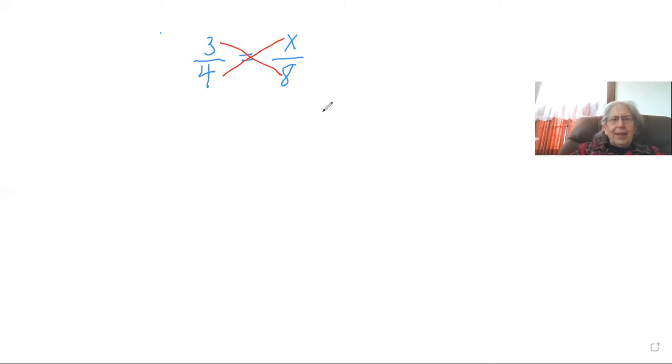Of course, it's not necessary to draw the x that I'm drawing. That's for me to make it clear what I'm doing. That's not part of the problem, it's part of the teaching method. So it's 3 times 8 equals 4 times x.